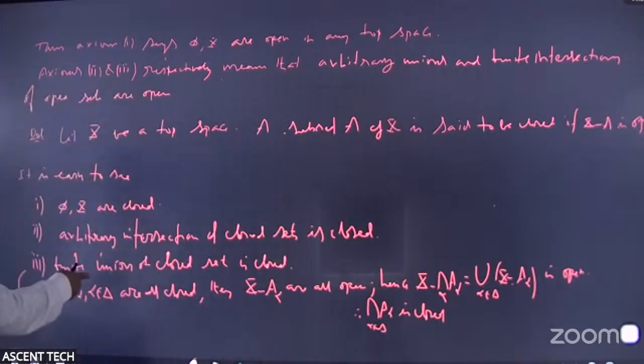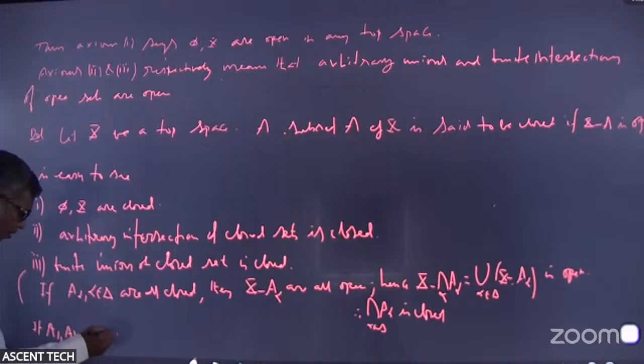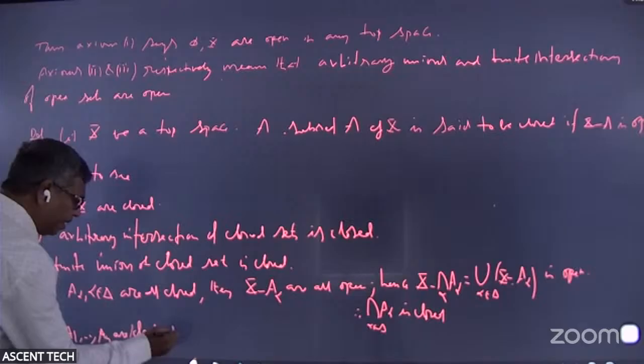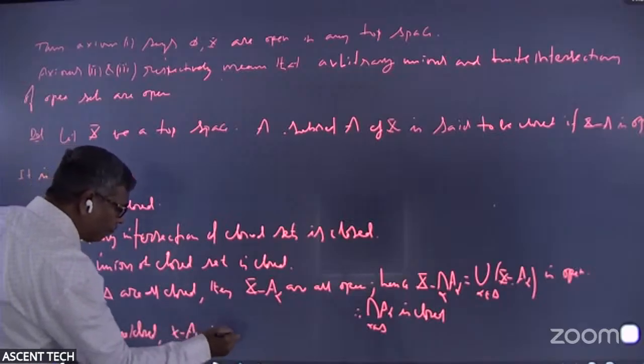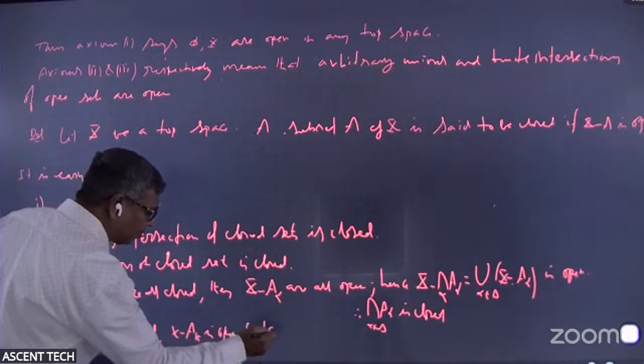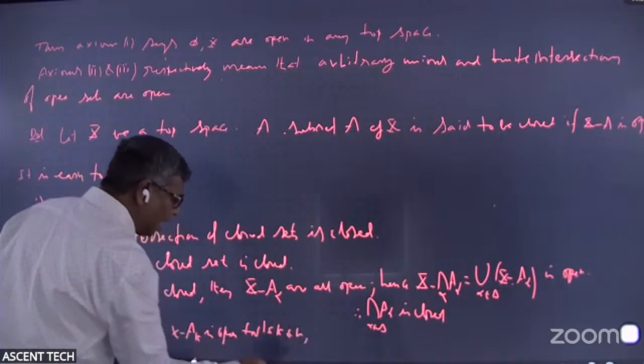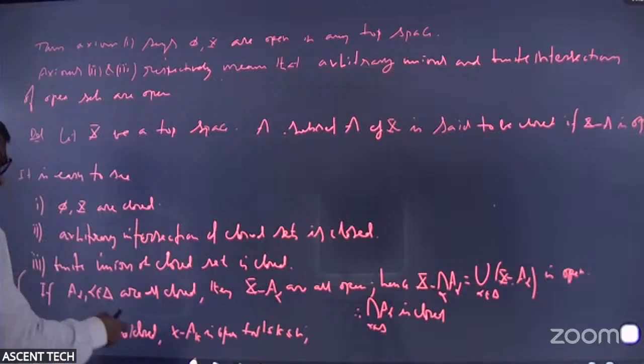If you want to prove the third statement the same way, if A1, A2, etc., AN are closed, then for each one of them, X minus AK is open for 1 less than or equal to k less than or equal to n. And then you're talking about union of these things.